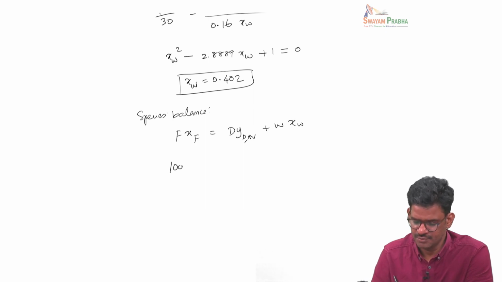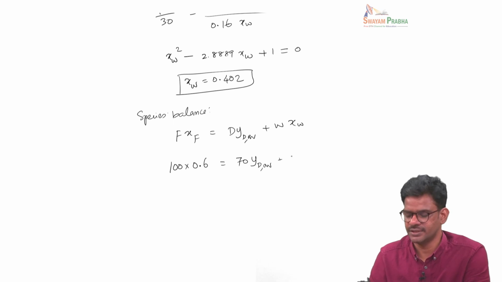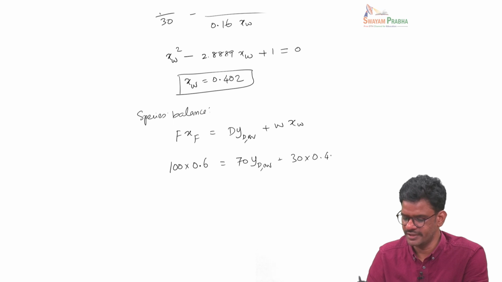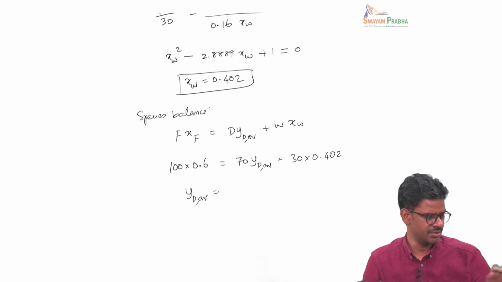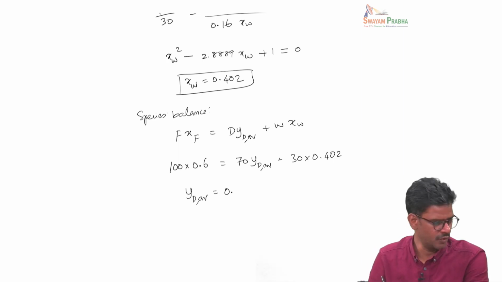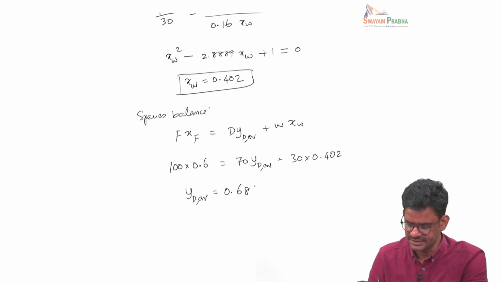F is 100 moles, XF is 0.6, D is 70 moles, YD we do not know, and W is 30 moles, and XW is something we found as 0.402. So from here we can solve for YD average, and this would be about 0.686.